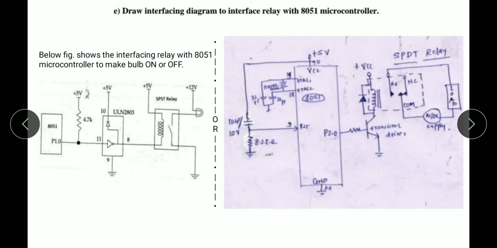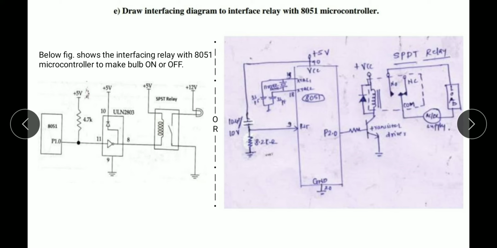After that, you can use port 1.0 or port 2.0. You can use port 1 and port 2 for the interfacing of the ULN driver. There are 8 input lines for the ULN driver, and 8 output lines are present.